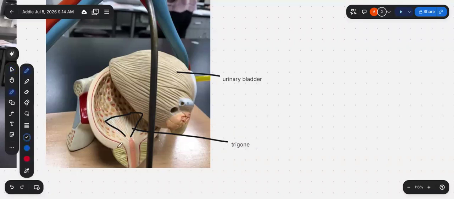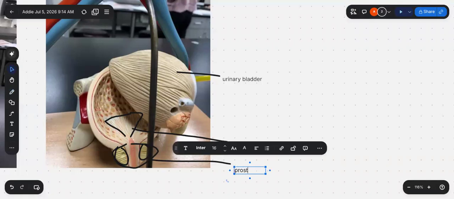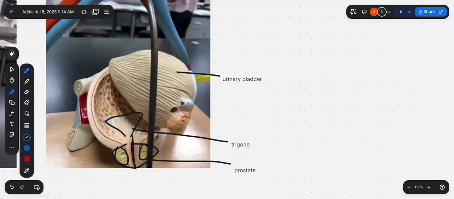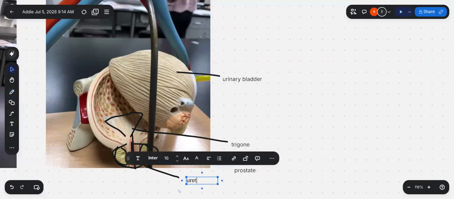This yellow structure over here on the sides, the yellow part of it, that is your prostate. And then running through the prostate is your urethra, the peachy color. So that is your urethra.